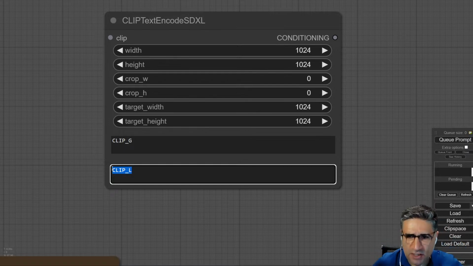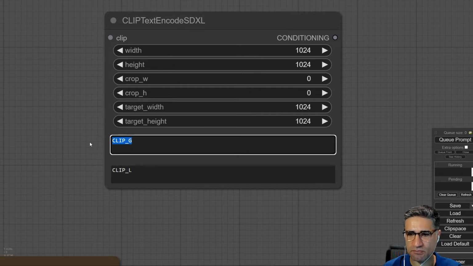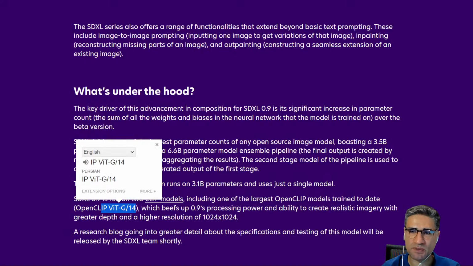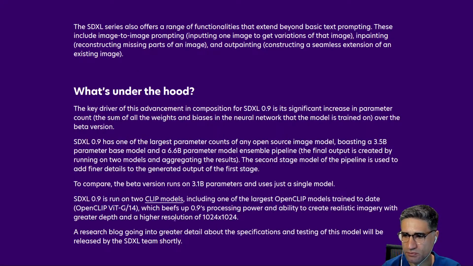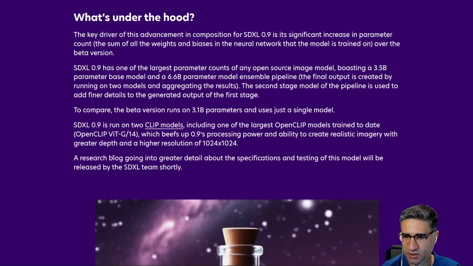For example, you can write your prompt as car, comma, red, comma, big, comma, muscle, something like that in clip L, and in clip G you can describe your prompt as a sentence. It's based on my experience and also on the comparison between these two different clips.